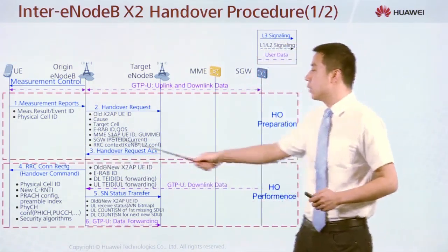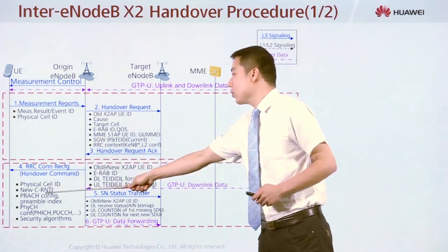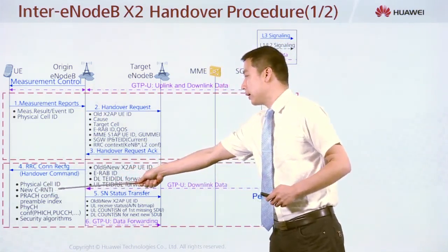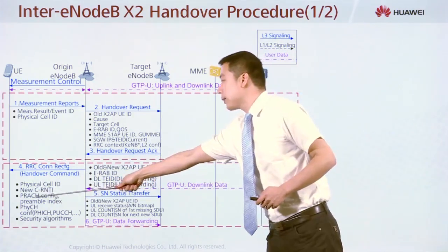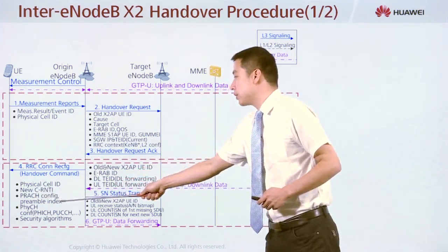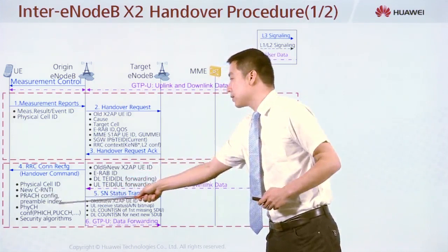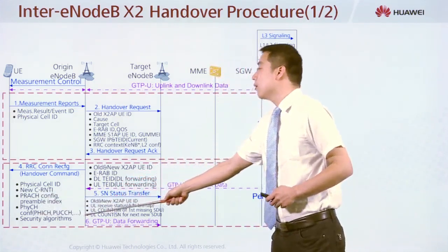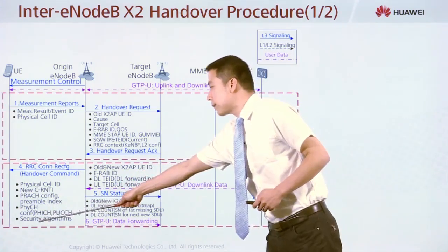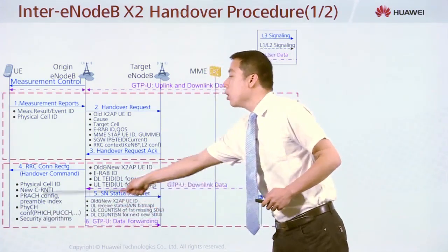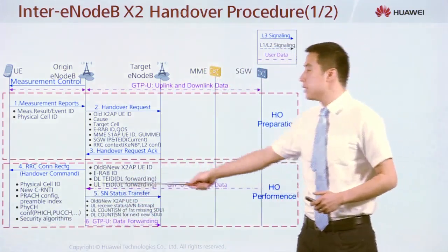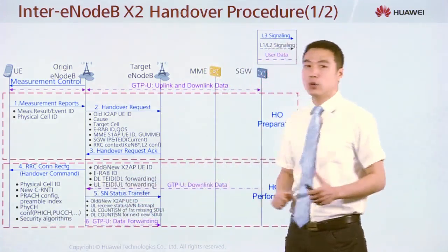This message includes the target cell ID, the new C-RNTI allocated by the target eNodeB, some PRACH config parameters like the preamble index, the physical channel config parameters, and also some security algorithms. All of this information is about the target cell, and this information is given by the target eNodeB.